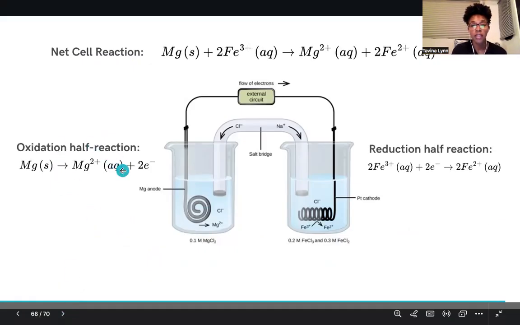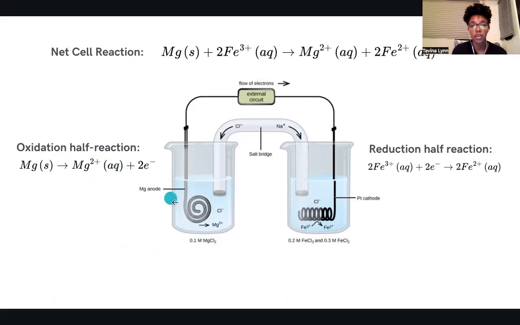Our oxidation half reaction: we have magnesium solid being oxidized to magnesium 2 plus, and it produces 2 electrons. Those 2 electrons are consumed, reducing iron 3 plus to iron 2 plus.